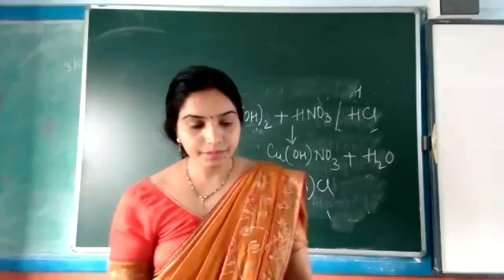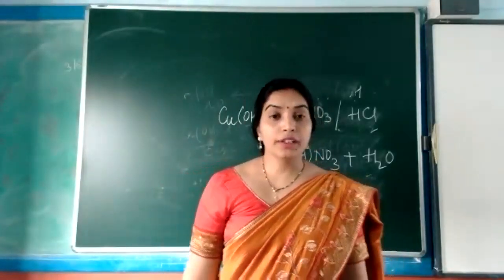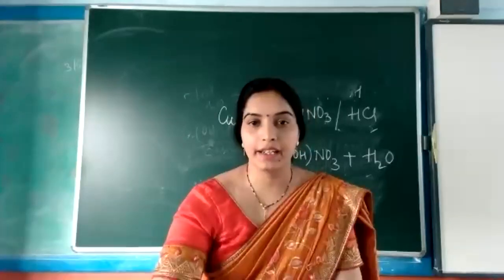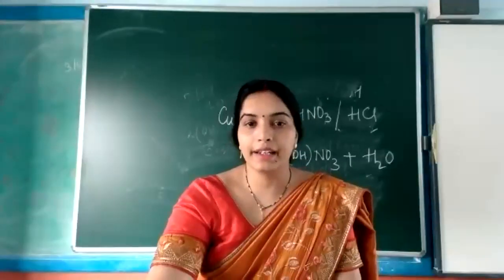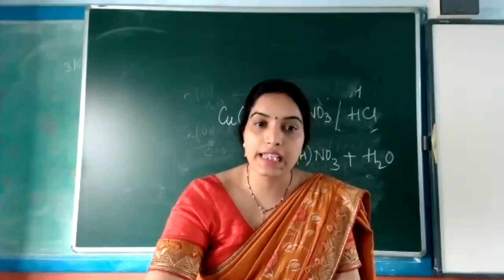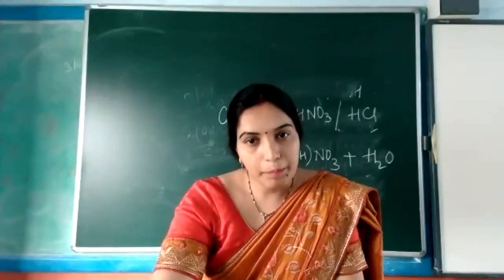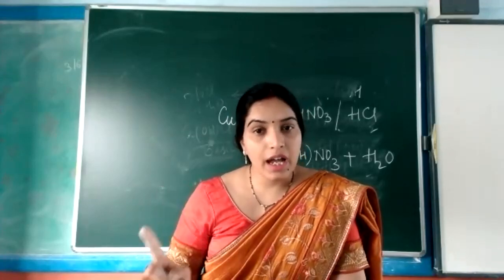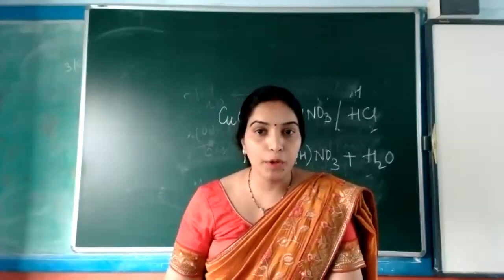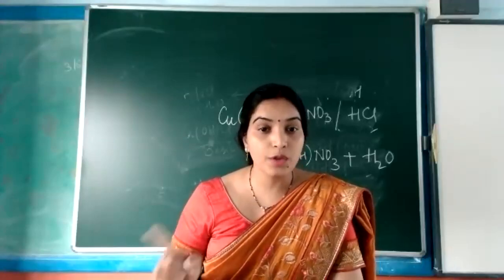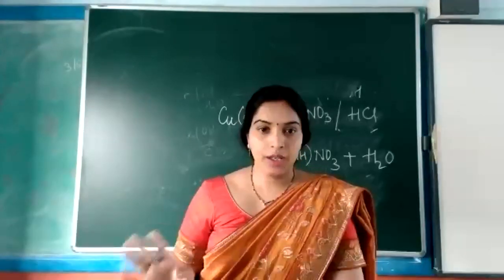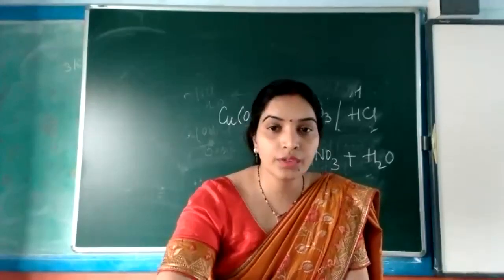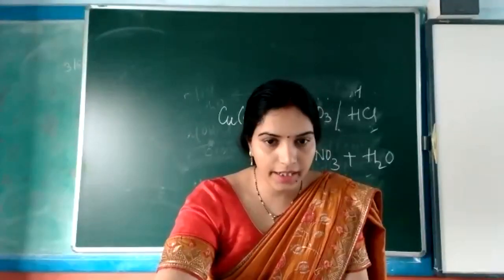From this, we conclude that any salt which contains hydroxyl ion in it is considered a basic salt. Clear? Basic salts are generally formed with the help of diacidic base or triacidic base. With monoacidic base, there is always formation of normal salt. Clear?